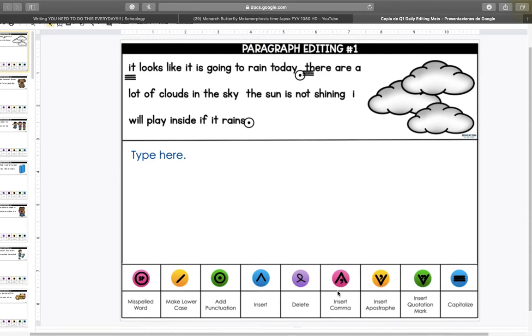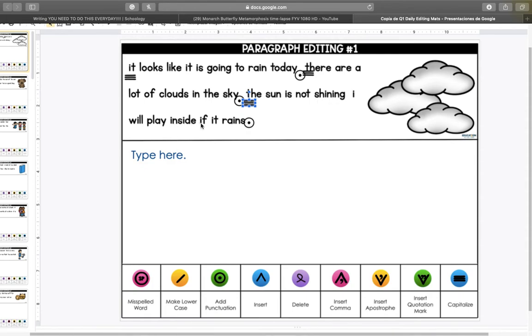So again, I need to write a period because the sentences are talking about two different things. So I will need to add a period right there. And the T again needs to be capitalized because it's the beginning of a sentence. So you will write the 3 lines right there to show that the T needs to be capitalized. The sun is not shining.